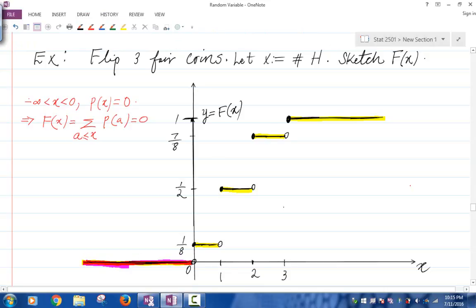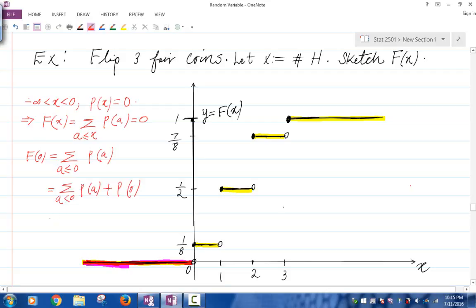Now, what is F of 0? Well, F of 0 is the same as the summation over a less than or equal to 0 of P of a, which will be the same as the summation over a strictly less than 0 of P of a plus P of 0.